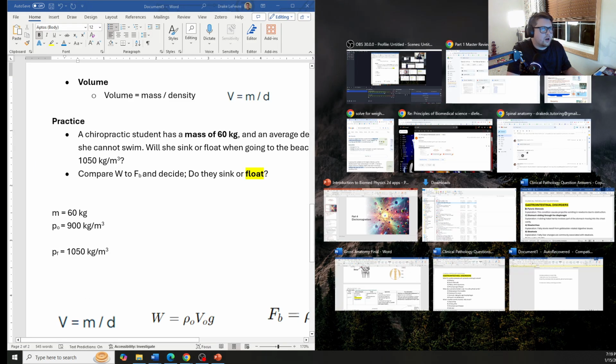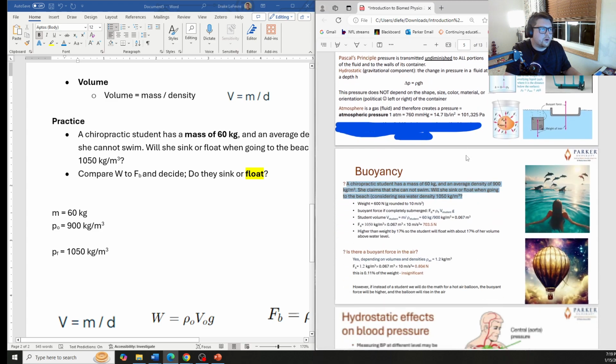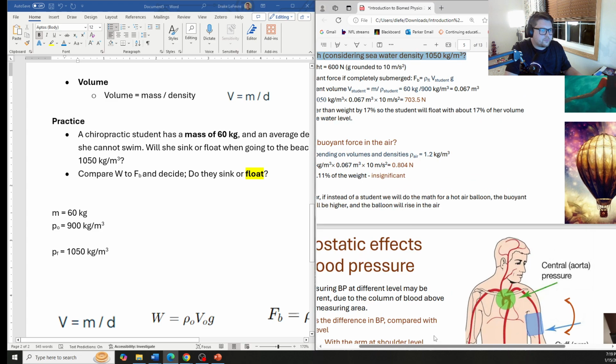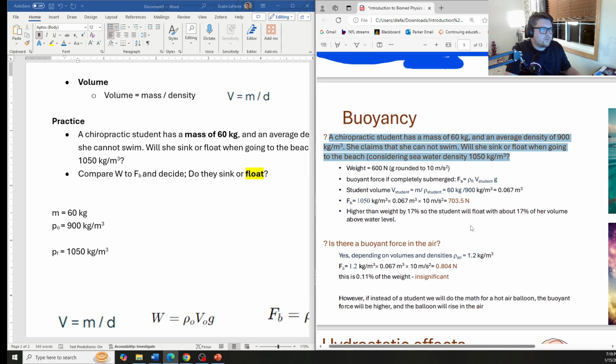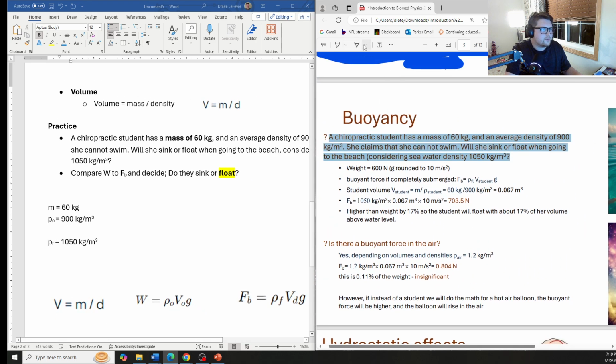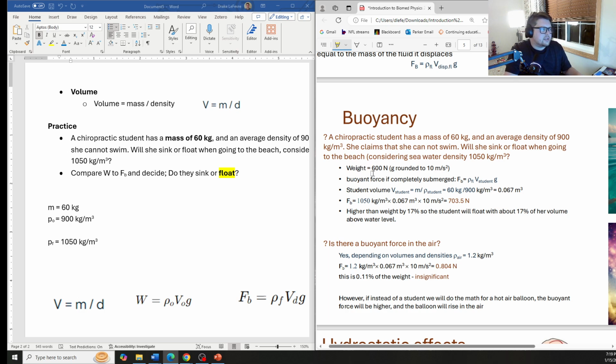Let's take a look at what this professor put in the information. We can solve through this whole thing. Weight is 600 newtons.